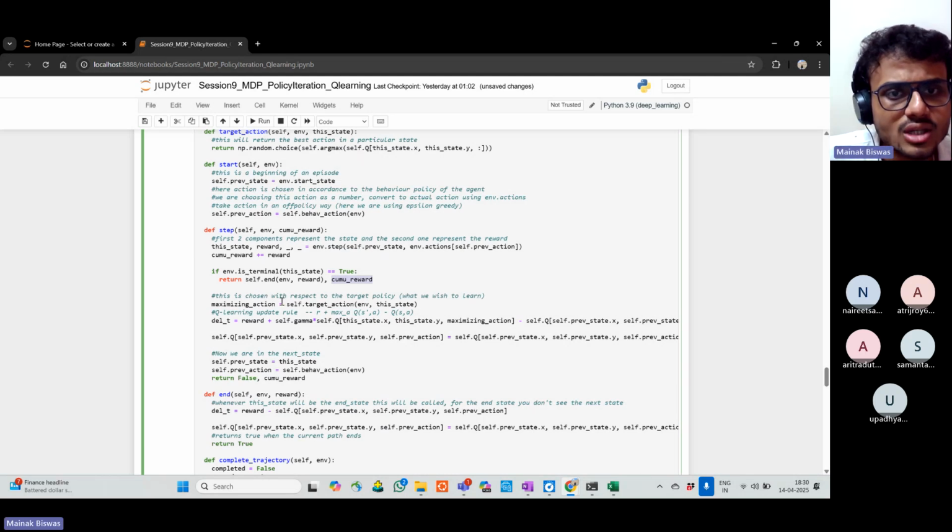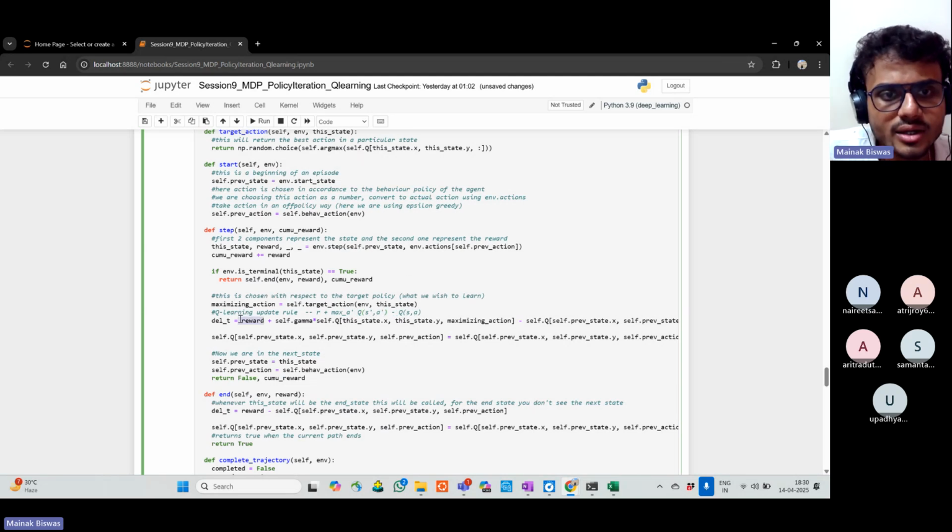So actually I'm returning the total reward possible, and I'm returning the end state, whatever is going to happen. So if this is the terminal state, else what am I going to do? I will maximize that action, right? I will select the greedy action. That is, I will select this R plus max over all actions A prime of Q of S prime, A prime, minus Q of S, A. So let's look at this.